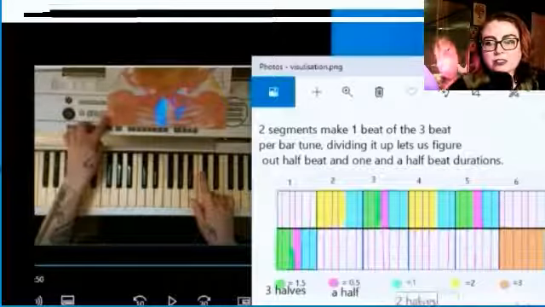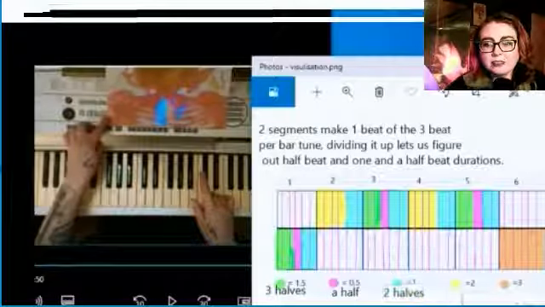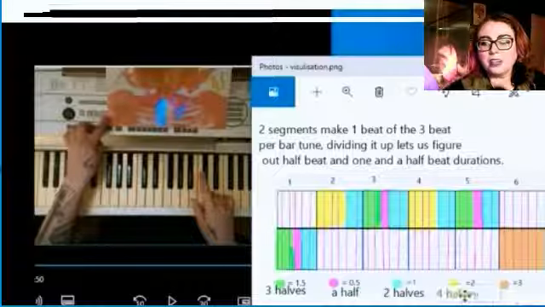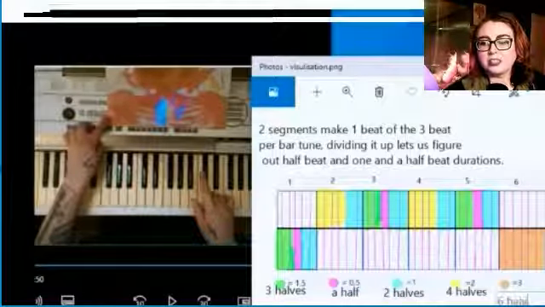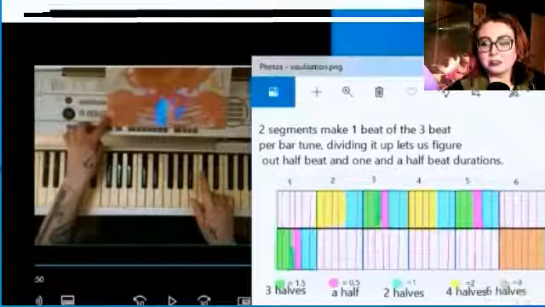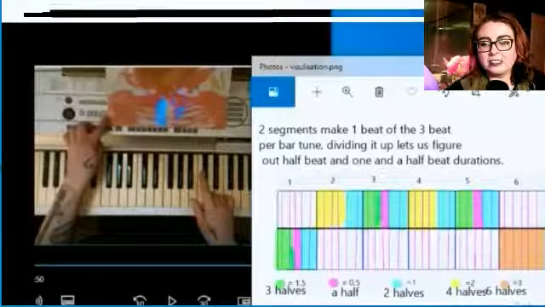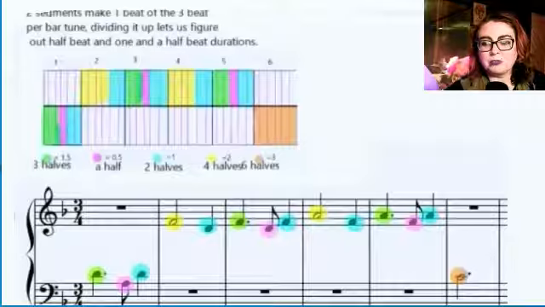So 3 halves, a half, 2 halves, 4 halves, and 6 halves. That is the different lengths of notes we deal with in this tune.